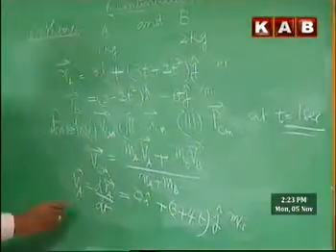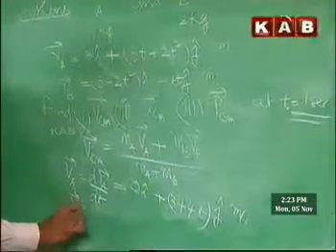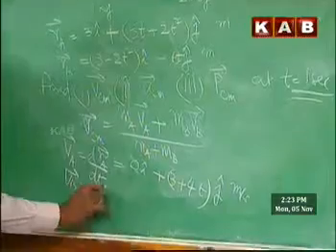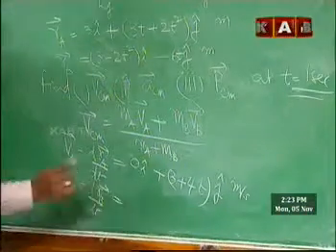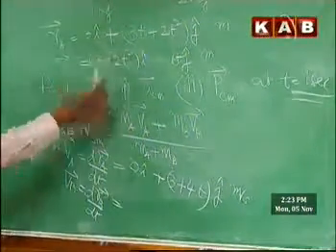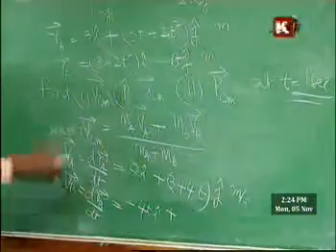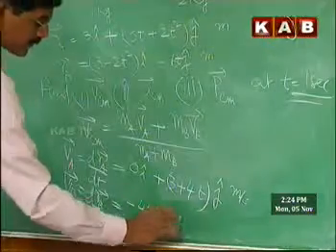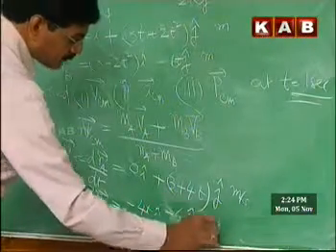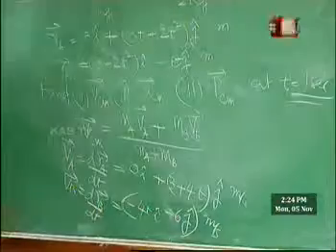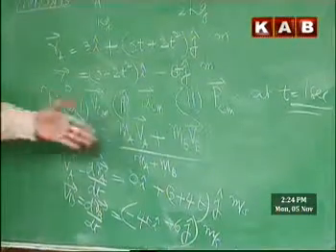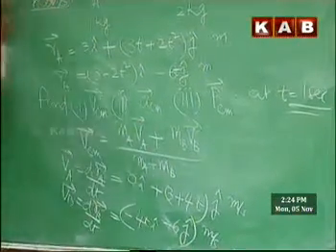Similarly, the velocity of B is obtained by differentiating rB with time, which is minus 4t i plus minus 6j meters per second. So this is the velocity of B. Substitute these two values in this expression.